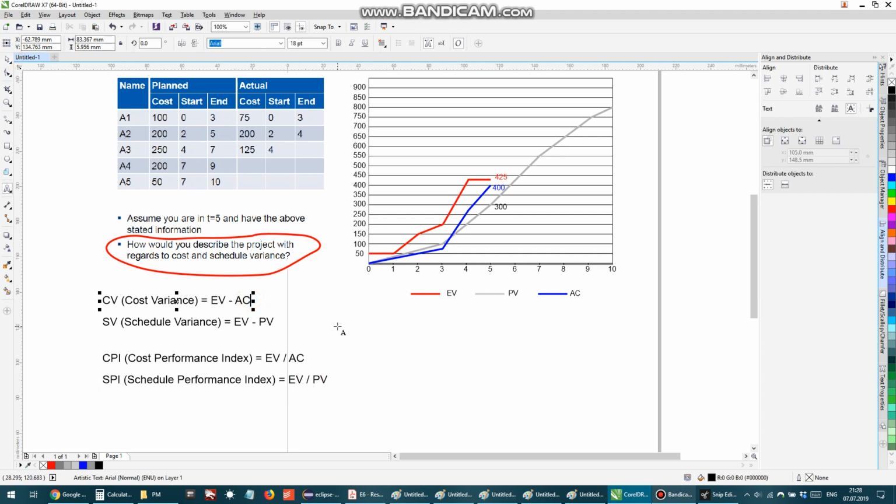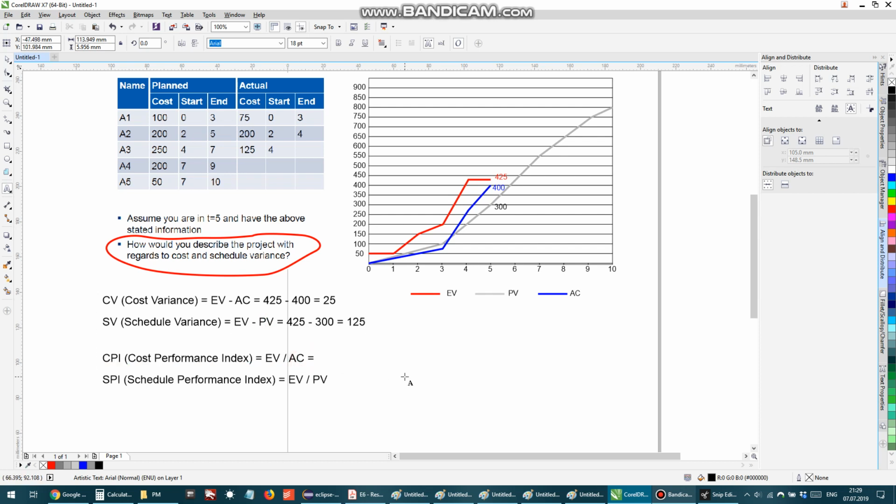And if we plug in the numbers for day 5, that will be 425 minus actual cost 400, which will be 25. And here 425 minus 300, and that will make 125.